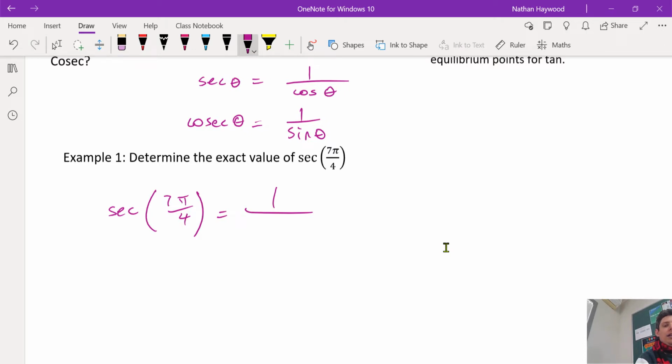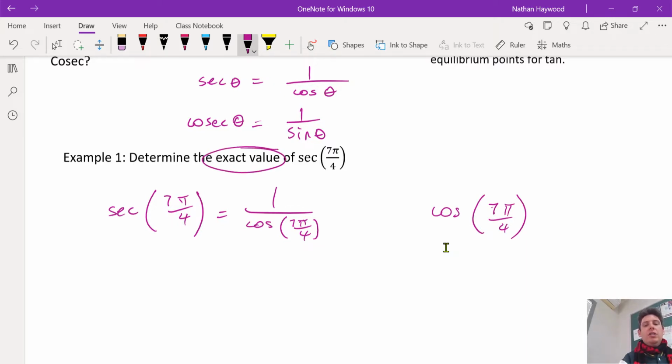The third letter is C for cos. So sec of that angle is equal to 1 over cos of that angle. We're trying to find the exact value, so we're not typing it into a calculator. We're using a unit circle special triangle.